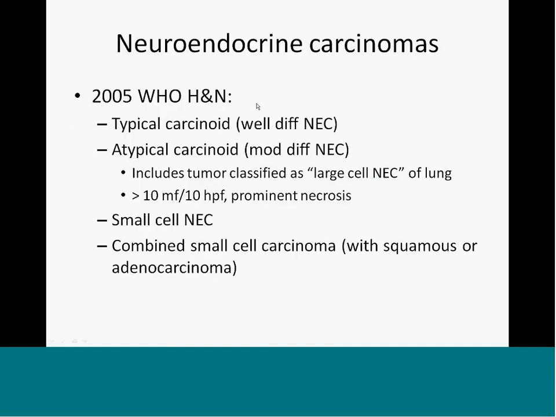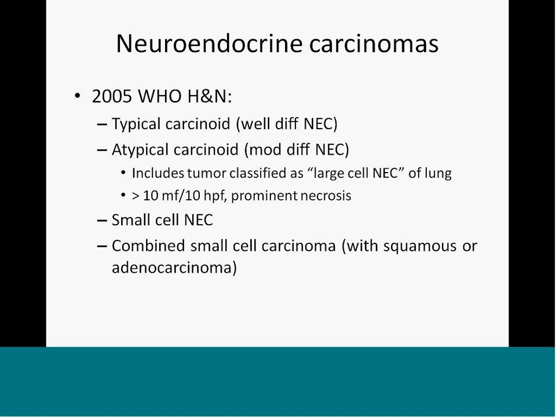The WHO 2005 Head and Neck edition just categorizes neuroendocrine carcinomas as typical carcinoid, atypical carcinoid, small cell neuroendocrine carcinoma, and small cell carcinoma, either with squamous or adenocarcinoma. Atypical carcinoids do occur. They usually happen in the larynx, usually in the supraglottis, but they're extremely rare.